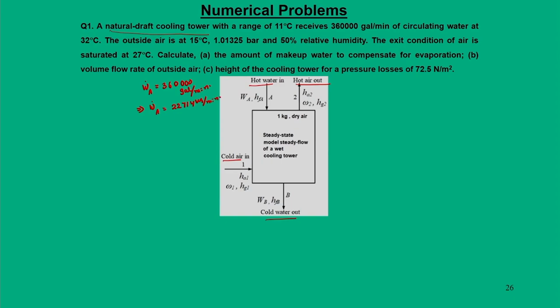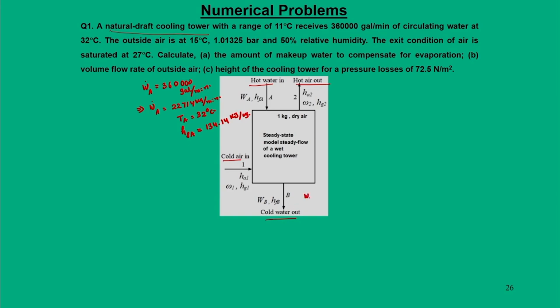And the temperature of water which enters is 32 degree centigrade. At this temperature we can find out what is HFA from the steam table. So, this number is 134.14 kilojoule per kg.